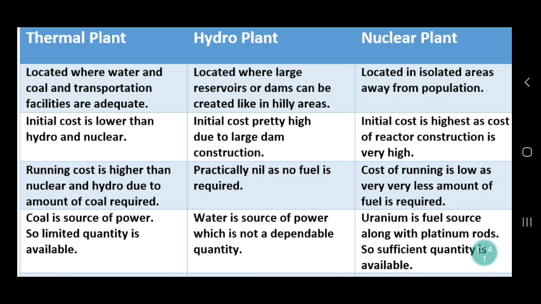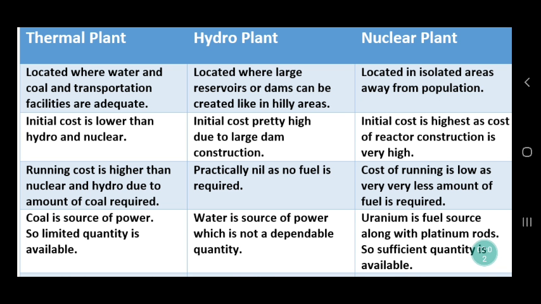Next, initial cost. Now we will compare these three plants in terms of initial cost. Initial cost is low in thermal plant compared to hydro and nuclear plant. The initial cost is pretty high in a hydropower plant due to the large dam construction.